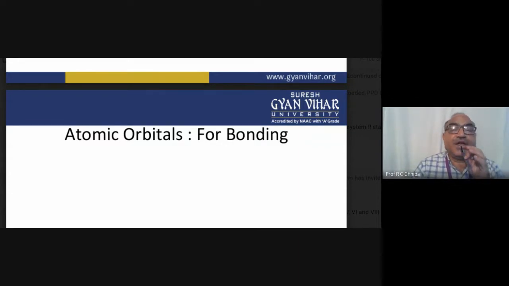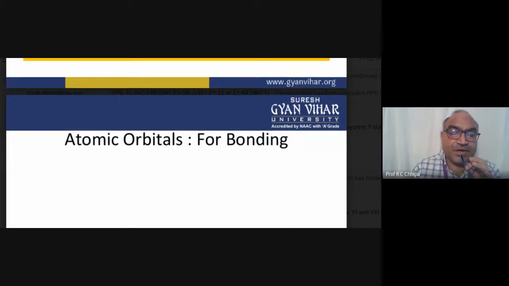Then there is coordinate bonding, how the electron pair is transferred from one place. In case of ammonia, the lone pair of electrons is present. For this purpose, the atomic orbitals are responsible, because of their special characteristics.